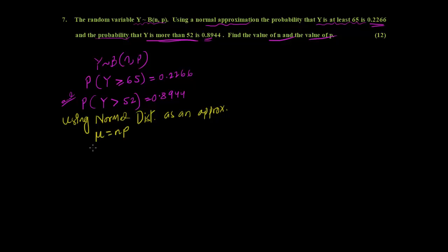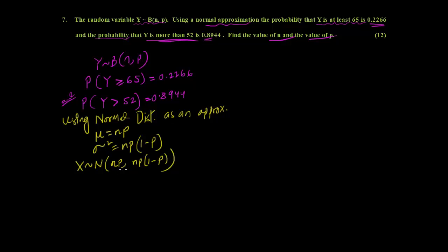So this is np, and we know the value of sigma squared is npq, which is np(1 minus p). So we have a distribution. Let's define the normal distribution as x, since that has not been used over here. So mu is np and variance is np(1 minus p). So this is what we have.